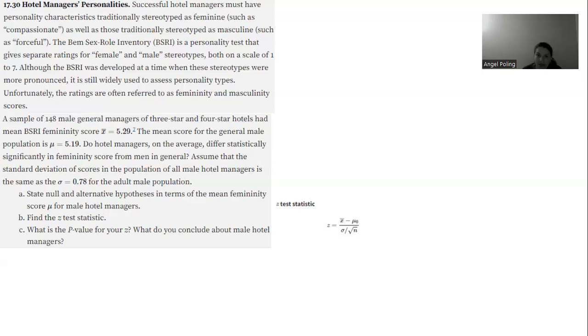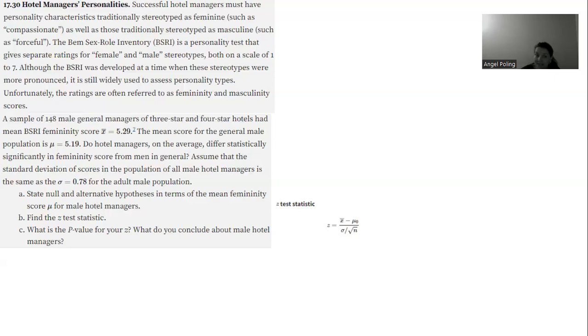Do hotel managers, on the average, differ statistically in femininity score from men in general? Assume that the standard deviation of scores in the population of all male hotel managers is the same as the sigma equals 0.78 for the adult male population.